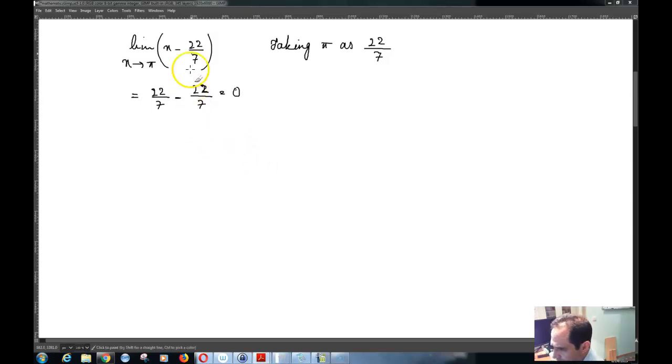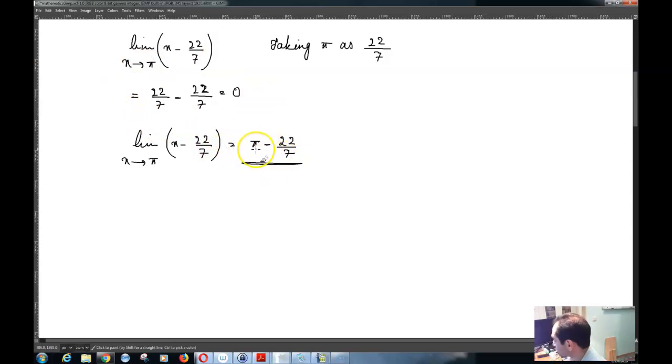The way that they have solved the problem, they have written this as pi minus 22/7. Of course, when you take pi as 22/7, then it's going to be equal to 0. Otherwise, it's going to be pi minus 22/7.